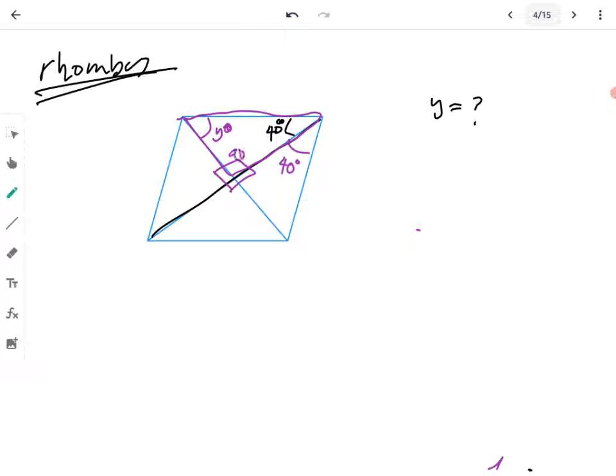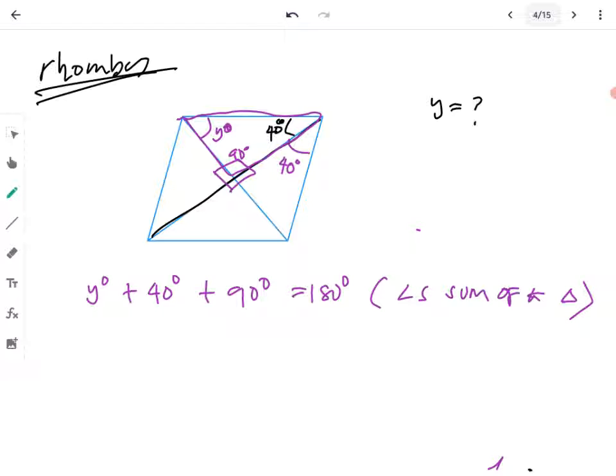This is 90 degrees. So we can use the y degrees, the 40 degrees, and the 90 degrees. We say y degrees plus 40 degrees plus 90 degrees equals 180 degrees. We have the angle sum of a triangle.